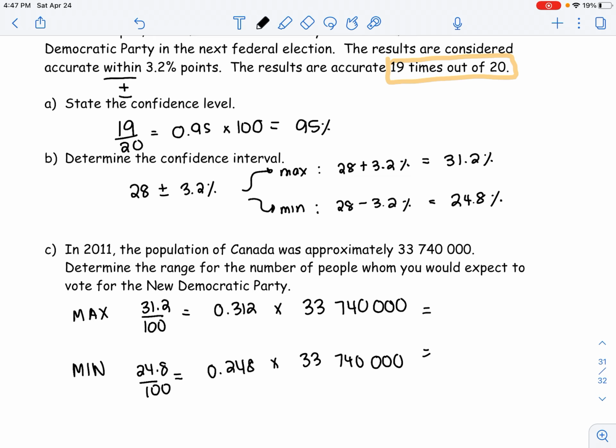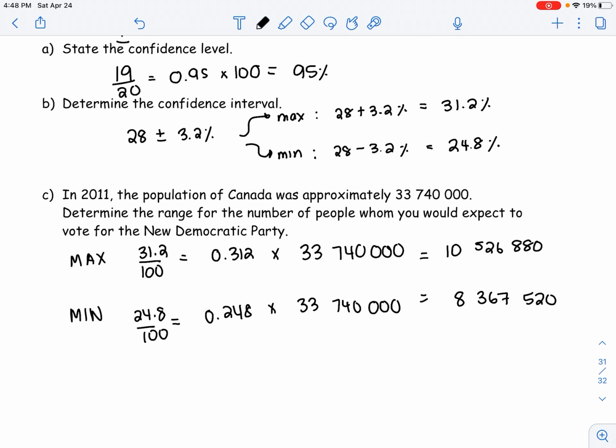Okay, so 0.312, we're multiplying by the population, 33 million 740,000. So you should get about 10,526,880 people versus the minimum, I found that it was 8,367,520.